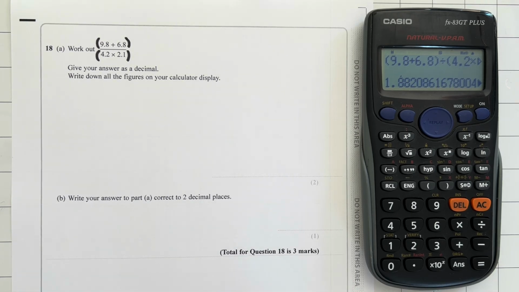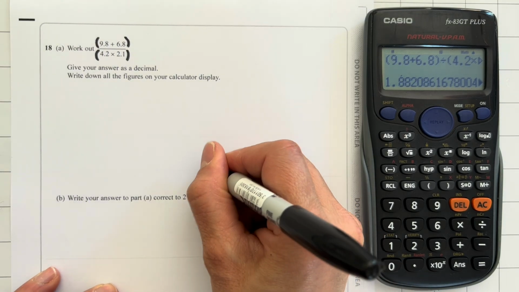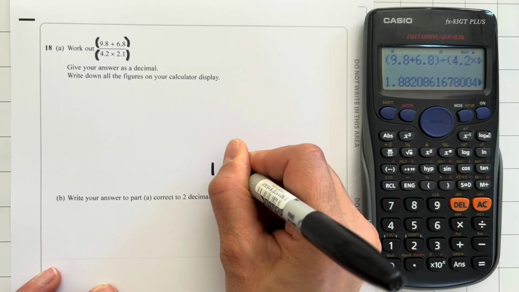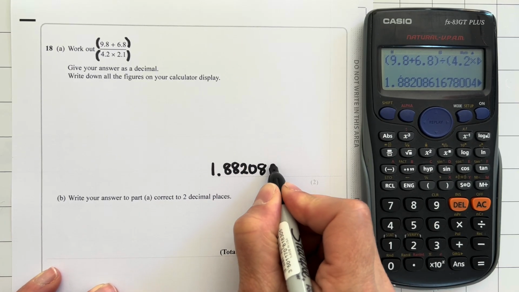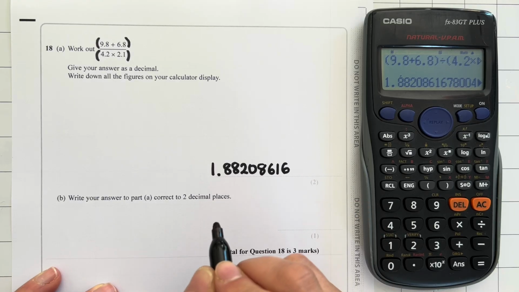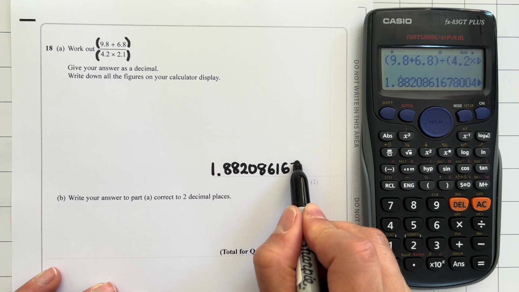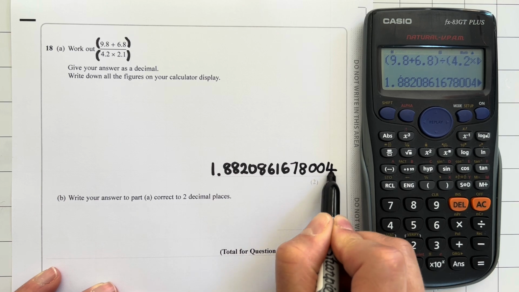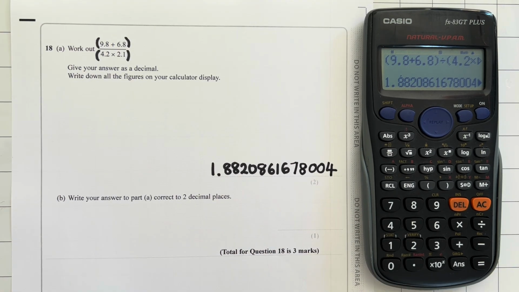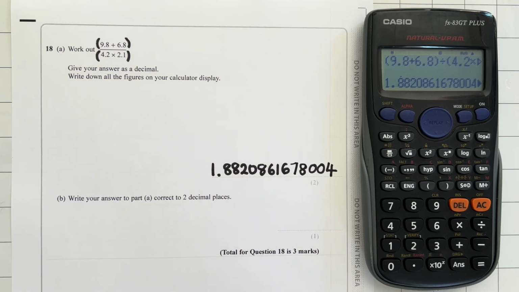And it says, write down all the figures on your calculator display. So I've got 1.8820, 8616, 78004.